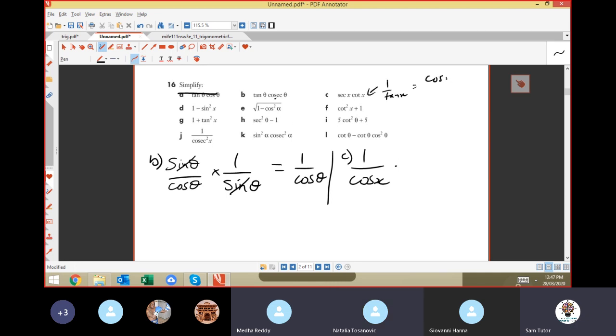Or cos on sine? Cos on sine. Why did you pick this one and not this one? Because they both have cos in them. Yeah, that's it. So you're not going to pick 1 on tan because they both have cos, so you might as well pick this one here. Cos x on sine x, that cancels out. What's your answer? 1 over sine x.